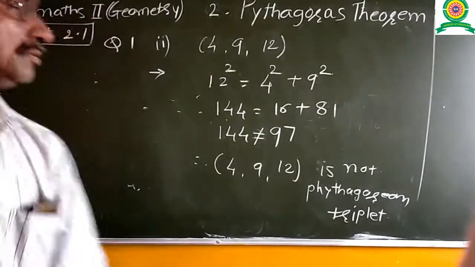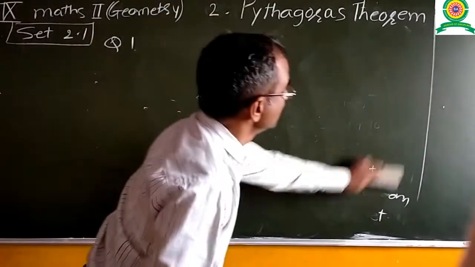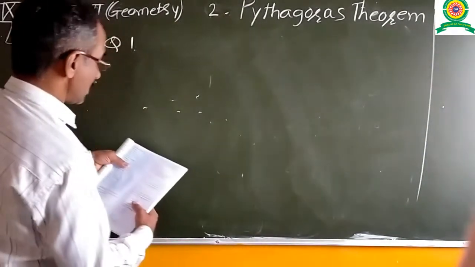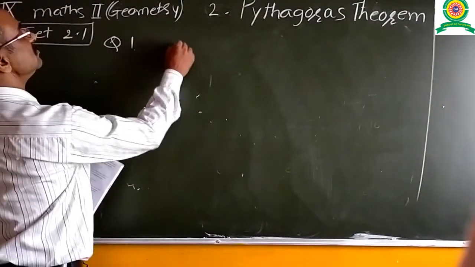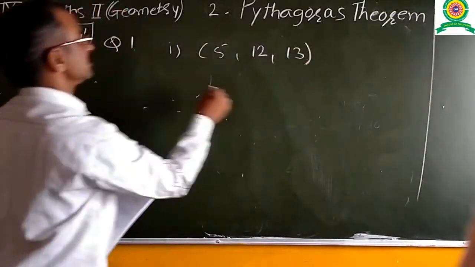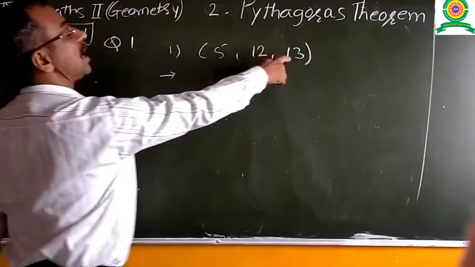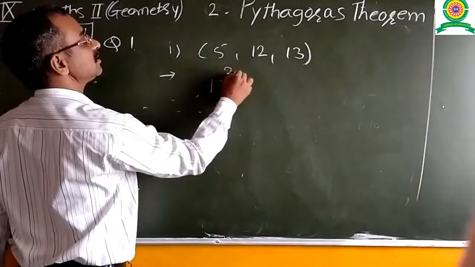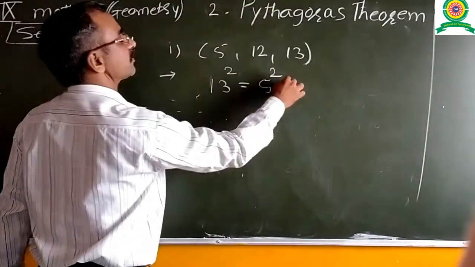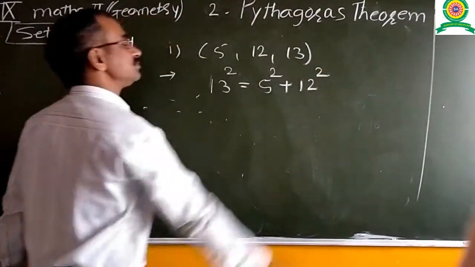Then the third sub-question: 5, 12 and 13. Again we use the same rule. The higher number is 13, and its square should equal the sum of the squares of the other two numbers, 5 square and 12 square.